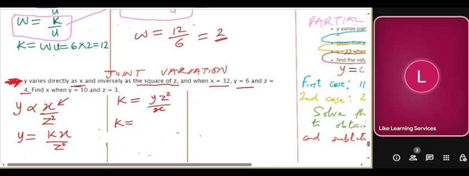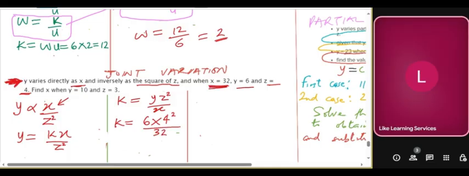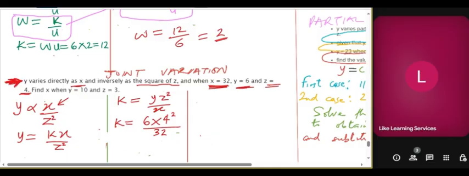Alright, so let's find k. K will be equal to 6 times the square of z, 6 times 4 squared, over x, over 32. Are we good? Yeah, just substituting.